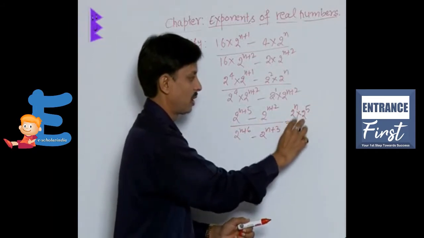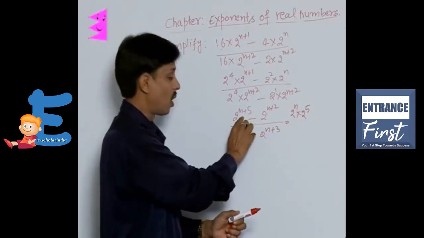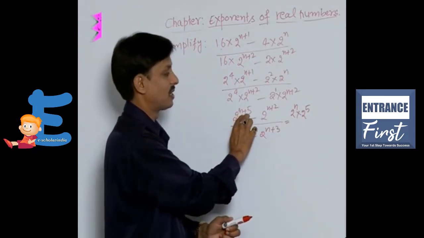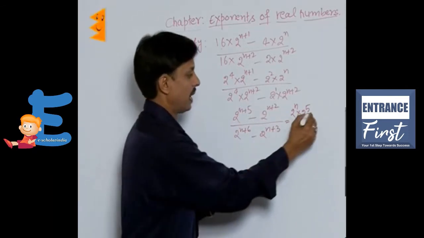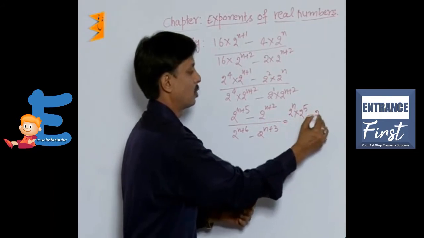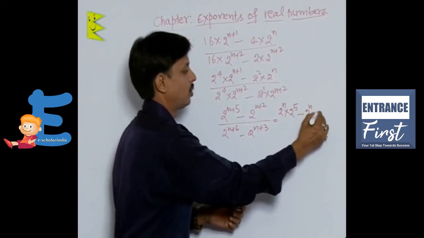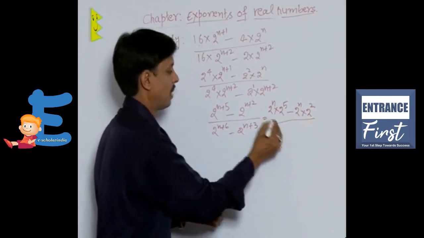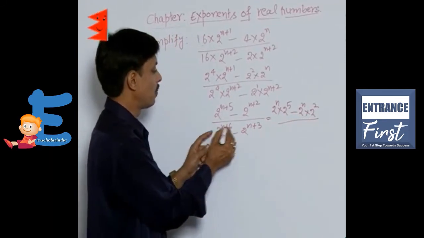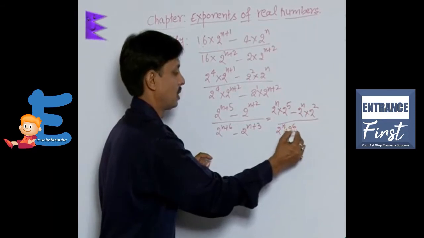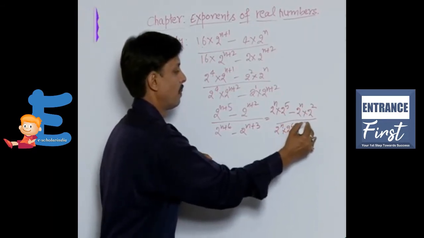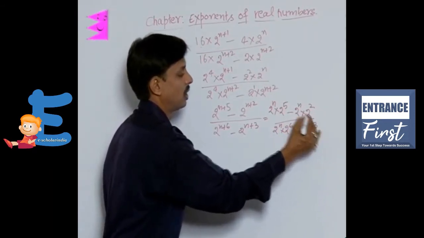When a product is there, powers can be added, or on the same base, if two different powers are there, they can be written in expanded form like this. Minus 2^(n+2) can be written as 2^n into 2^2, divided by. Similarly, 2^(n+6) is 2^n into 2^6, minus 2^n into 2^3.